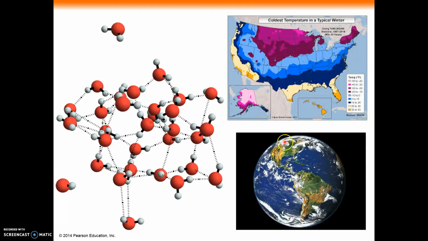When it's winter up here, the water is releasing heat, keeping it warmer than it should be. And down here, the water is absorbing a lot of heat, keeping the southern hemisphere from being as hot as it should be. And as we go around the sun, those reverse, and the opposite is true as well.